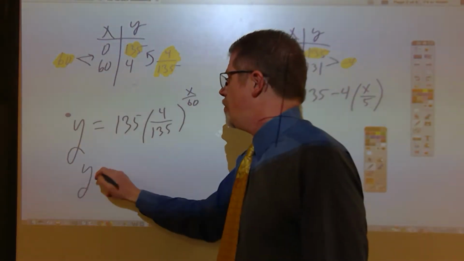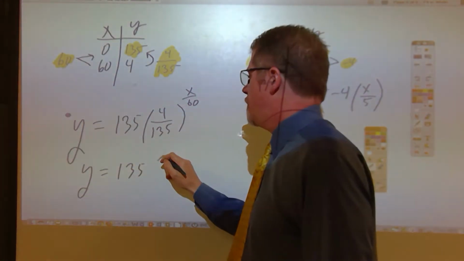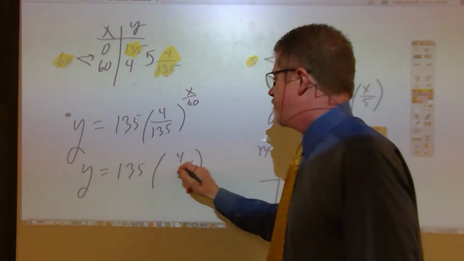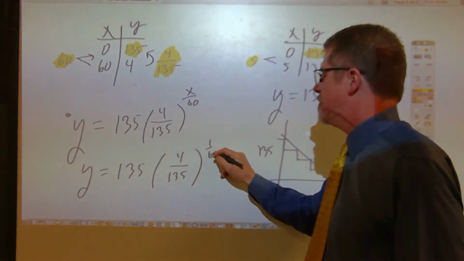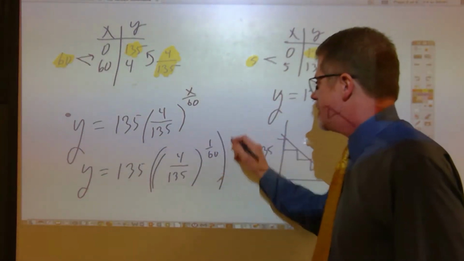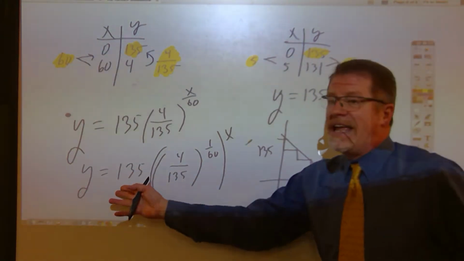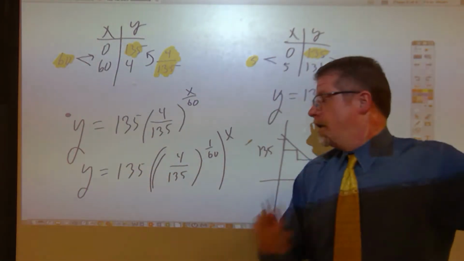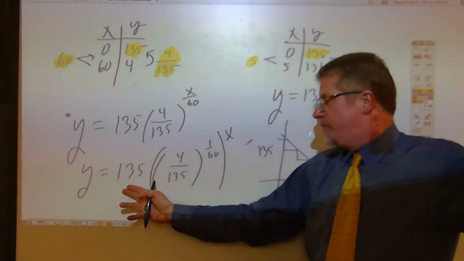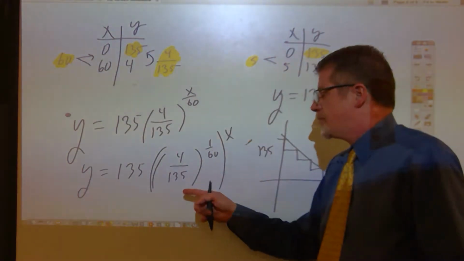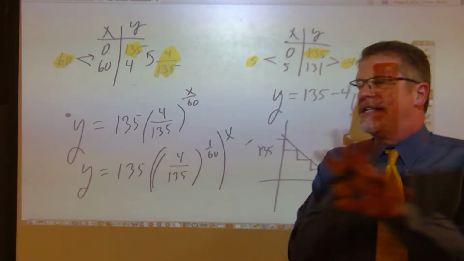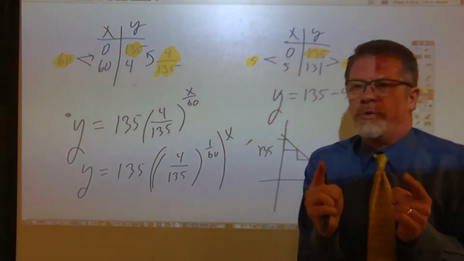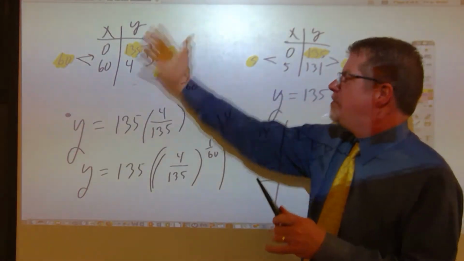We actually know that this can be rewritten as 135 times 4 over 135 to the 1/60th power. And all that is raised to the x power. That's A and that's B. A is 135, B is 4 over 135 to the 1/60th power. This is powerful, not even using a calculator, it's a powerful way to write equations from data.